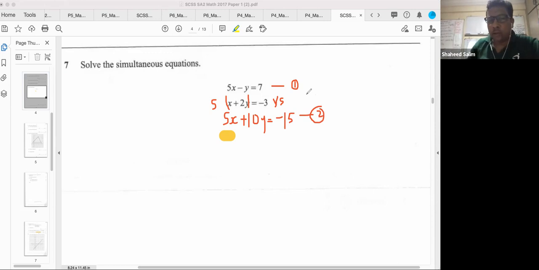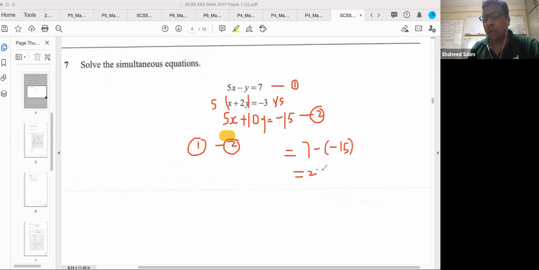Okay, now we take equation 1 minus equation 2. Let us see what happens. Down here now, 7 minus negative 15 becomes 7 plus 15, 22.